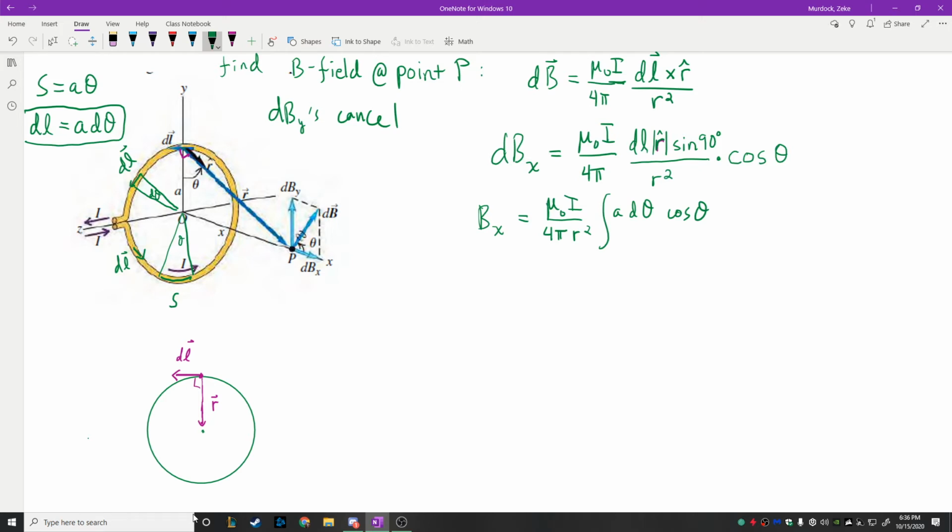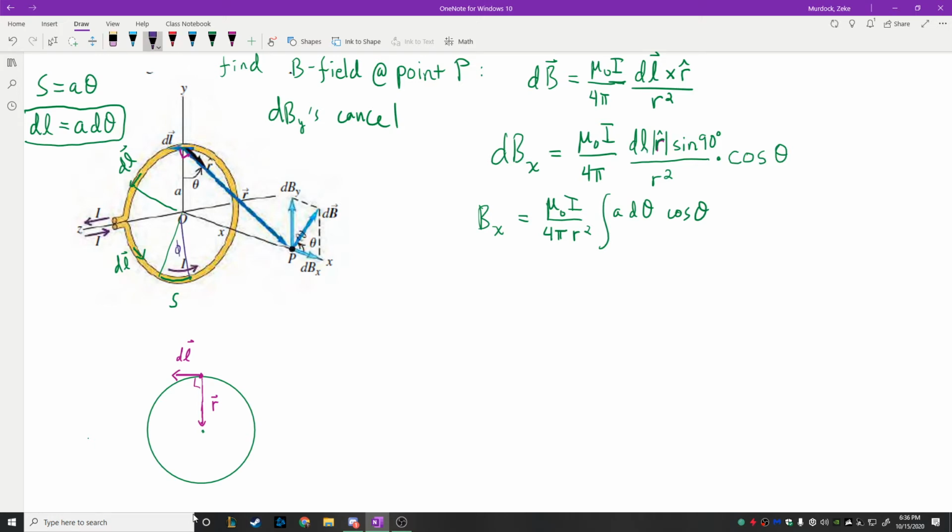Is theta a variable? Oh, there's a problem here. I immediately should have realized that as I was saying it too. I can't call this theta, I have to call it something else.